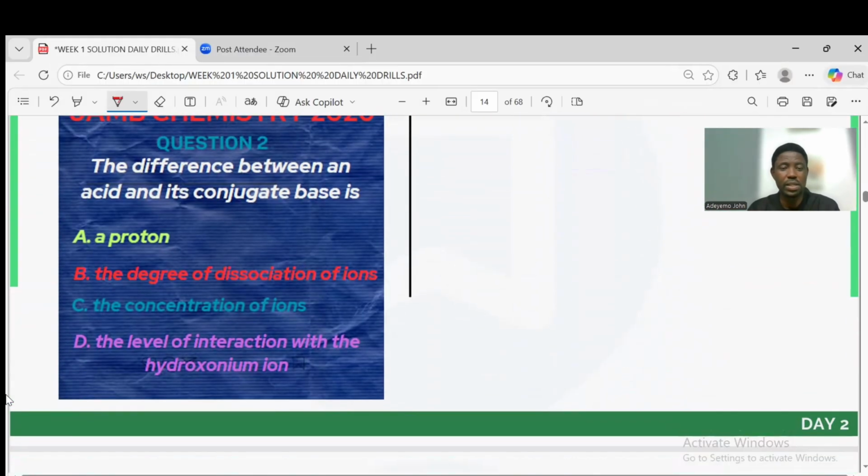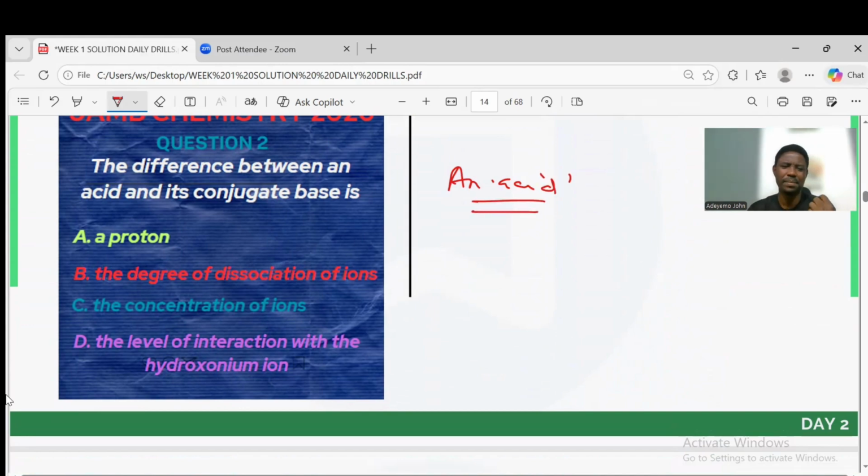The difference between an acid and its conjugate base. Let's just talk about this. In the definition of an acid, if I ask what is an acid, the answer should not just jump into it.